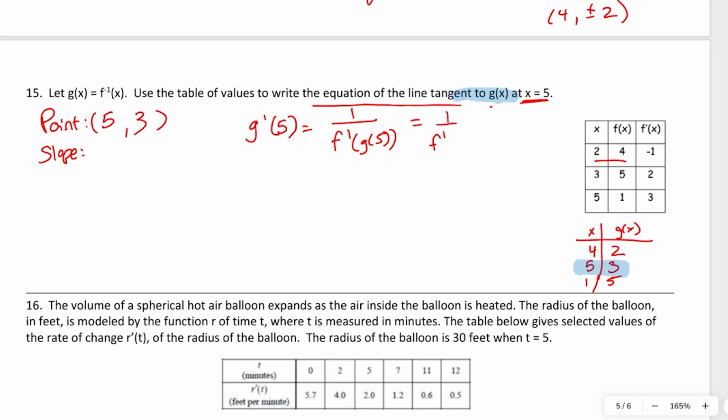So g of 5 is 3, and f prime of 3 is 2. So this is going to be 1/2. So that's going to be our slope. And now we can write our equation: y minus 3 equals 1/2 times (x minus 5).